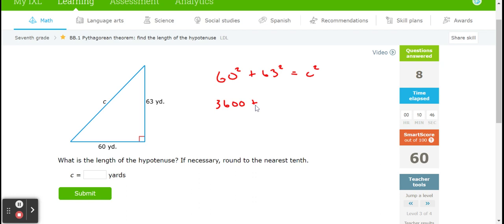And 63 squared is 3,969. And then 3,600 plus 3,969 is 7,569. And then the square root of 7,569 is 87. So the bigger numbers still come out evenly.